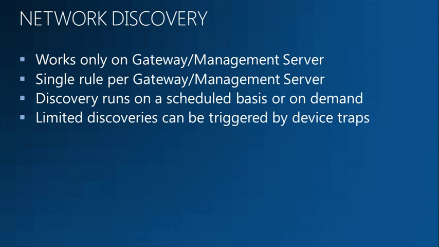As I mentioned, our network discovery can run on a scheduled basis, so you can tell us exactly when to run it, or it can run on demand by you simply going to the administration workspace and clicking Run Discovery. Now, I will mention that for some devices, we've enabled out of the box an automatic rediscovery based on device traps.